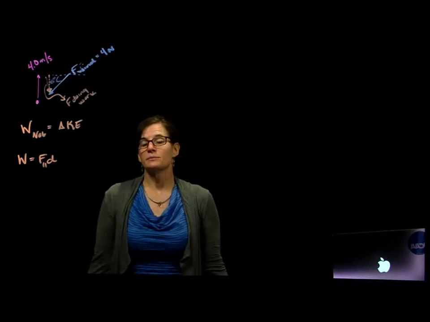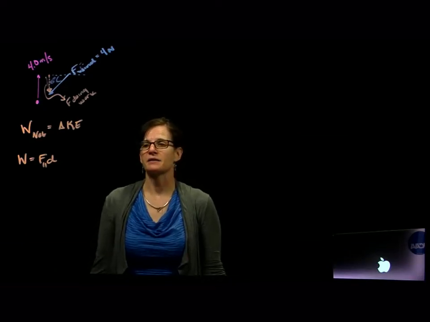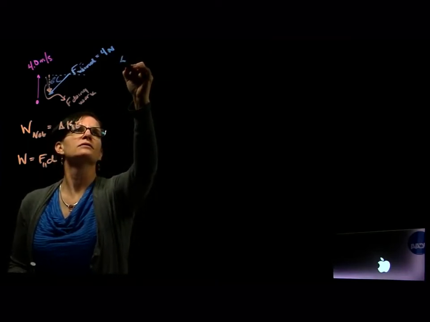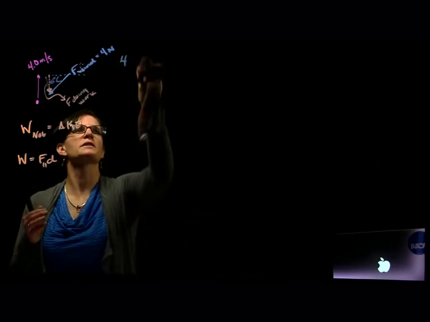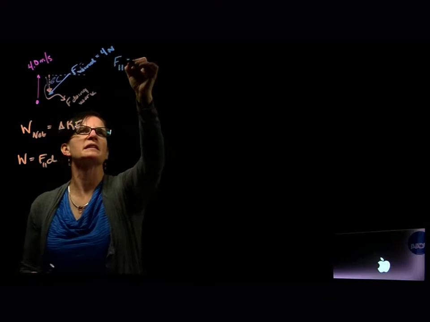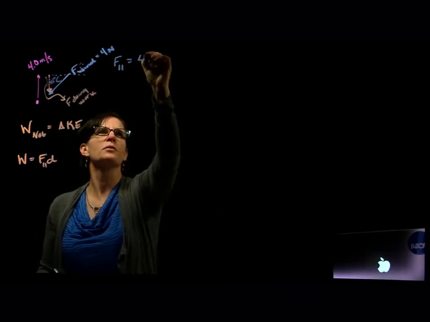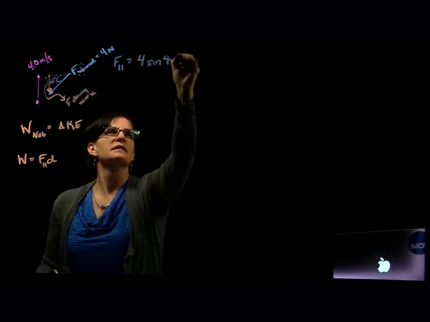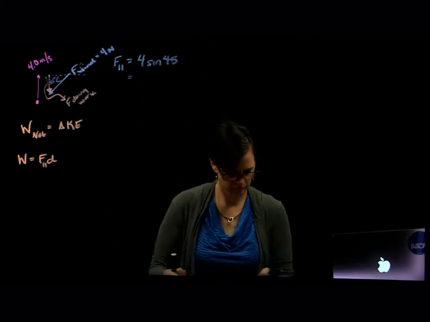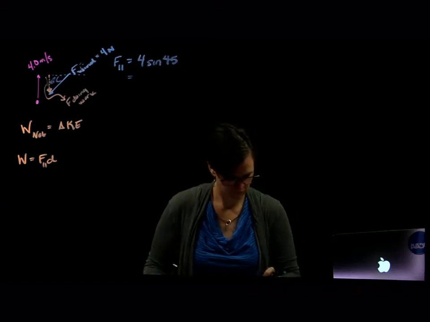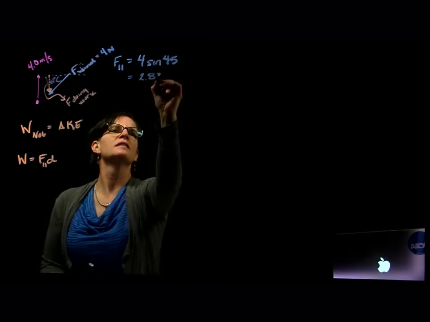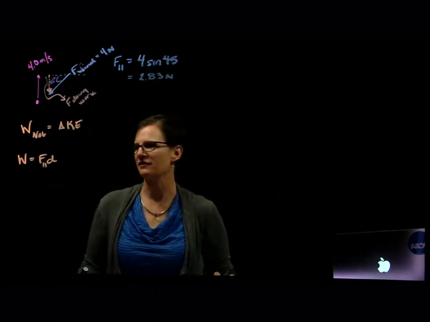All right, so what work is being done by that force? Well, the force that's parallel to the displacement is the opposite, 4 times the sine of 45 degrees. So 2.83 newtons is the force acting on that figure skater.